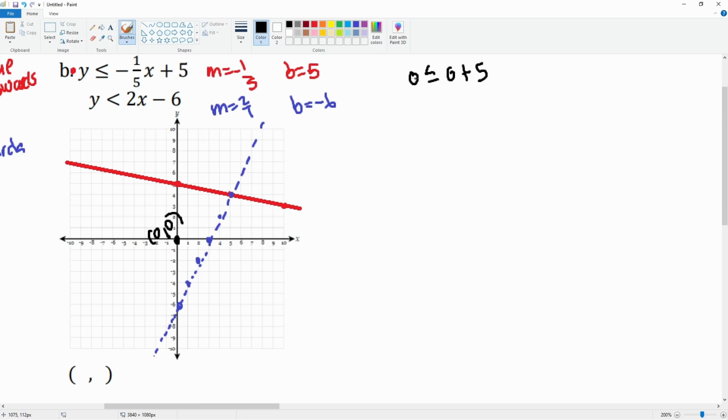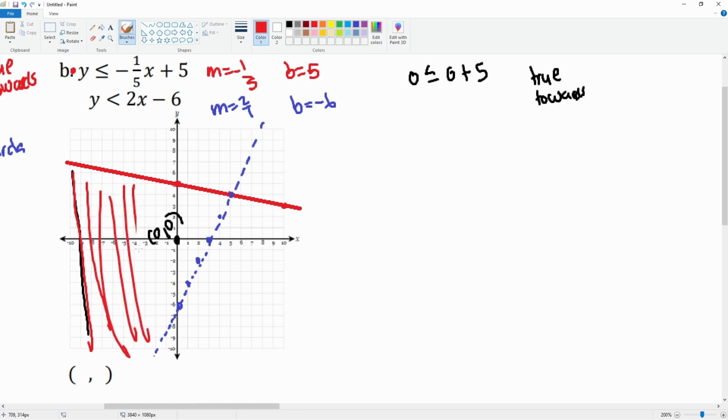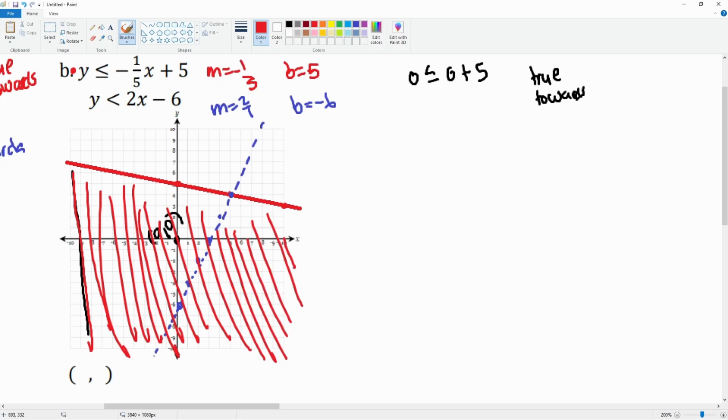We can say 0 is less than 5, or 5 greater than 0, and this is true. So we shade towards it. This is the red, the true side. Everything here is true.